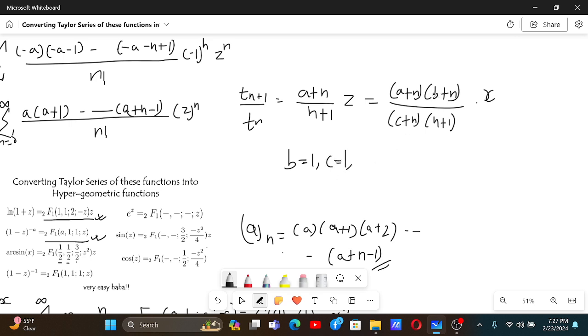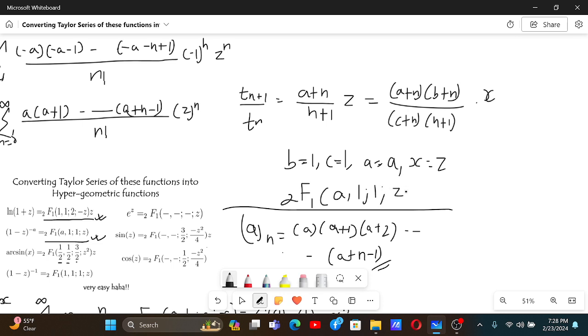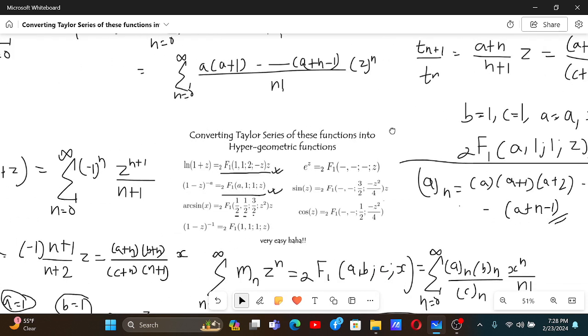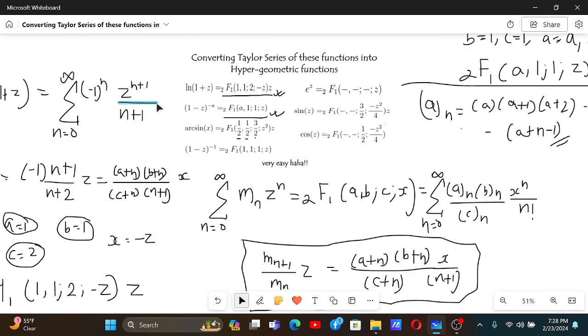Any other values would also have worked, but for simplicity we keep it 1, so that it cancels out. We put a as a itself, and we have n plus 1 already, and x as z. So it will be the ordinary hypergeometric series with a comma 1 semicolon 1 semicolon z. So we found this one as well; we have already done two of them.